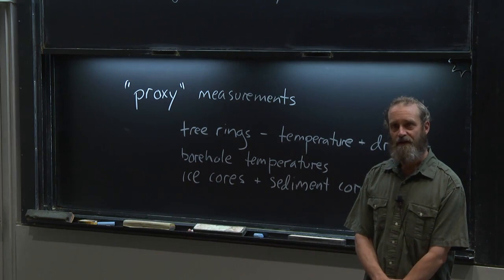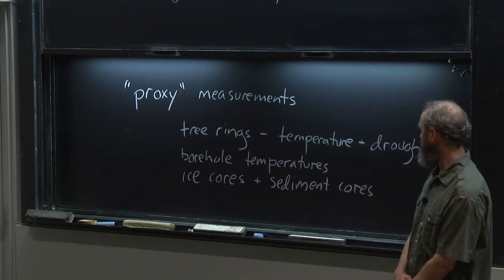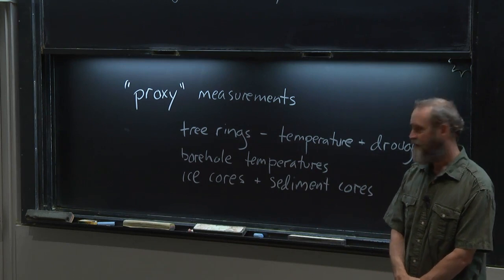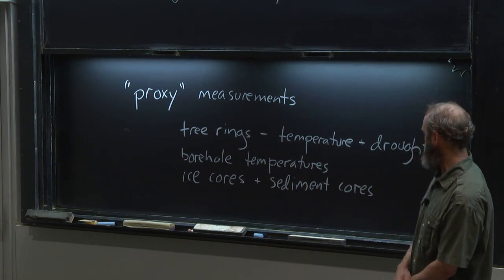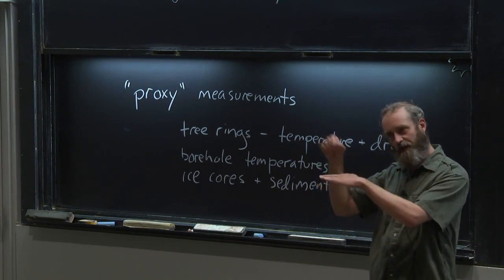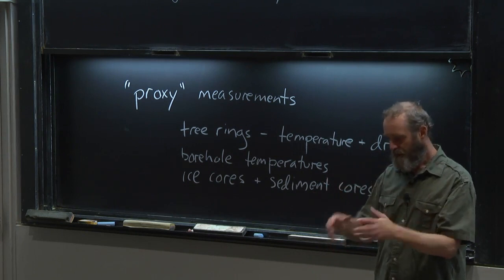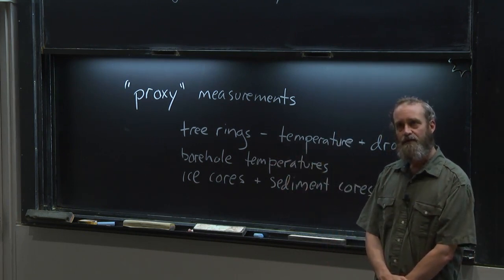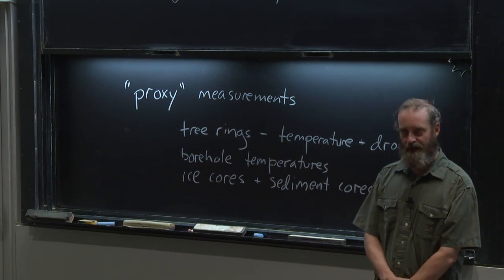It's certainly not as good as having a real thermometer, but we can get a lot of mileage by looking at things that we'll talk about, like the widths of tree rings or old fossil logs from ancient trees, which can tell us about temperature and drought. Borehole temperatures are temperatures down inside an ice sheet or a big rock or something like that that we can use to back out changes in temperatures in the past.